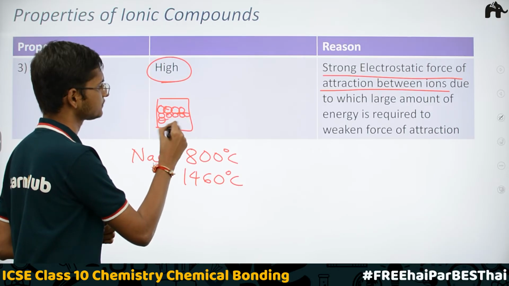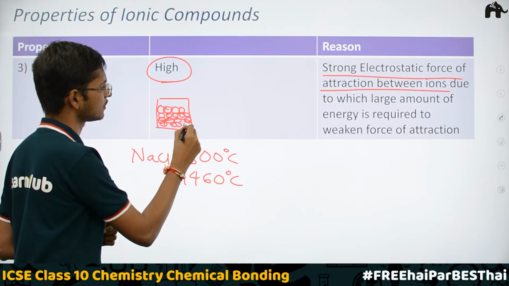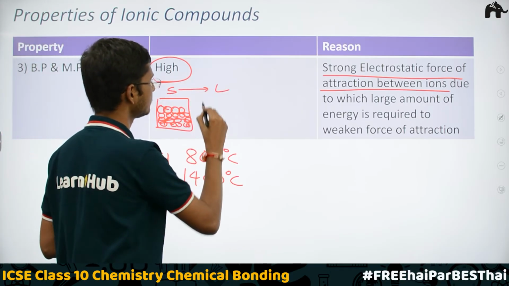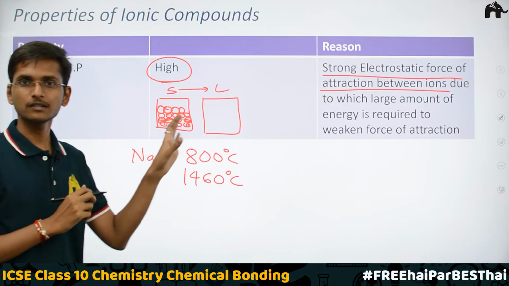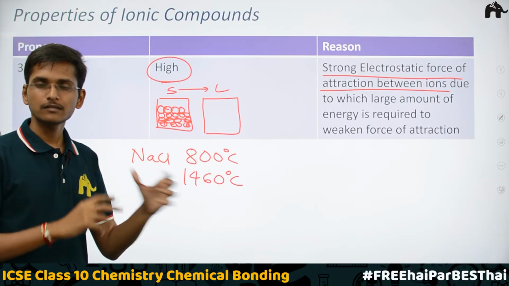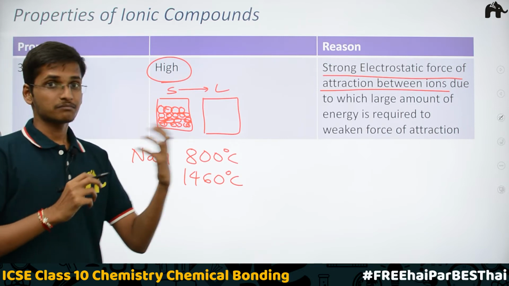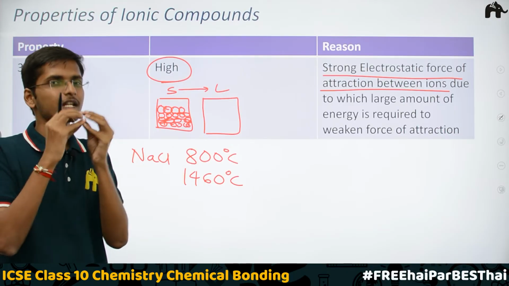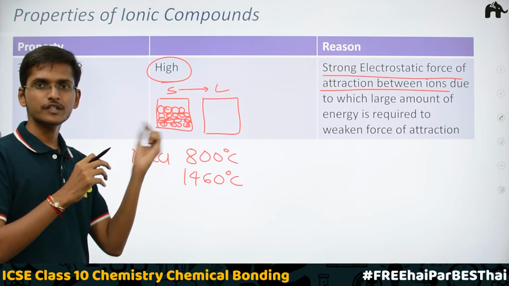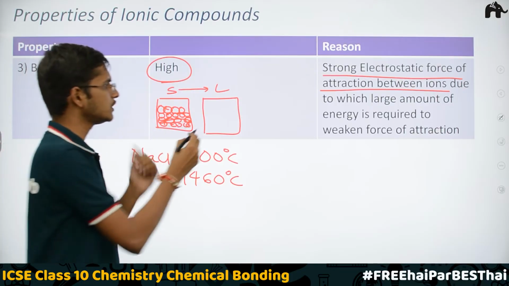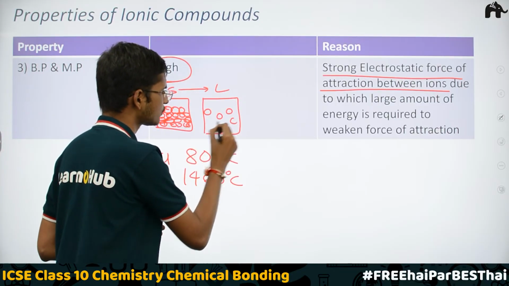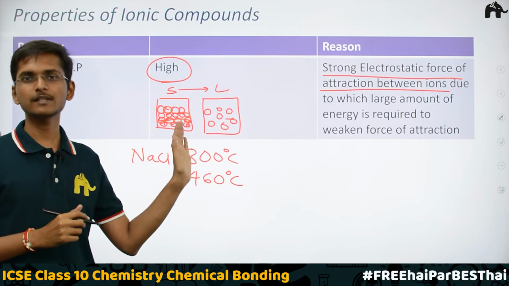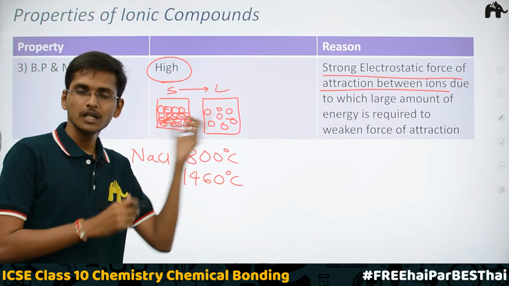Now when I have to convert it from solid state to liquid state, we know from studying matter that in liquid state the constituent particles are slightly away from each other compared to the solid state. Here the constituent particles are Na+ ions and Cl- ions. Now they have to be separated.